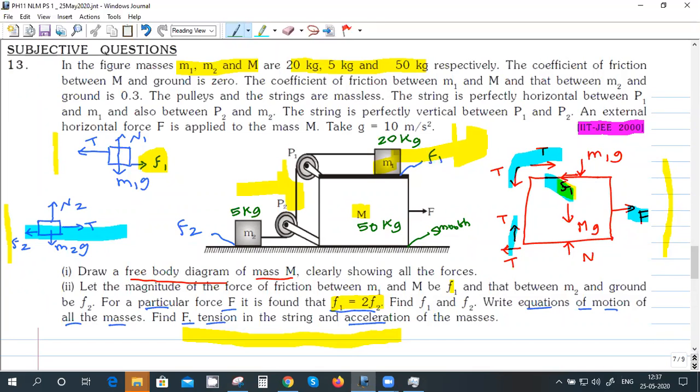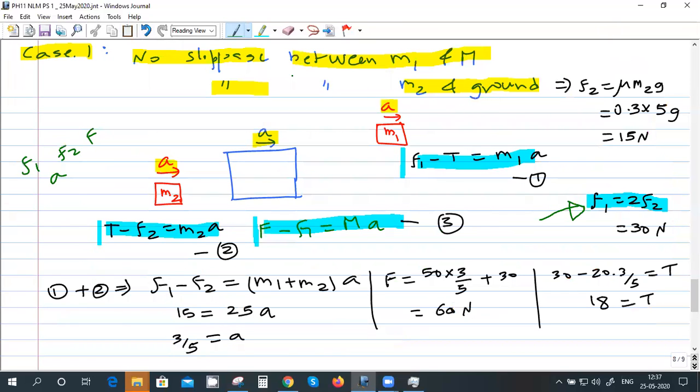Friction force is a variable force, but when it has started moving, then it is the maximum friction force. Here there is motion of M2 relative to the contact surface. So F2 is mu into N2, but F1 need not be mu into N1. It will be different. So F2 is known. F2 is mu into N2, which is mu M2 into g. So F2 is 15 Newton.